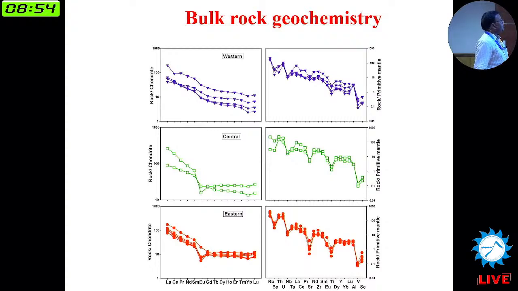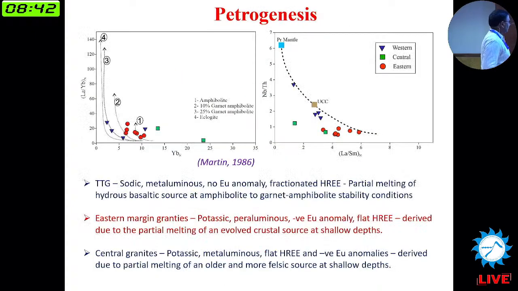All are showing high large ion lithophile element enrichment as well as depletion of HFSE. All these characteristics have implications on the petrogenesis and tectonic setting.